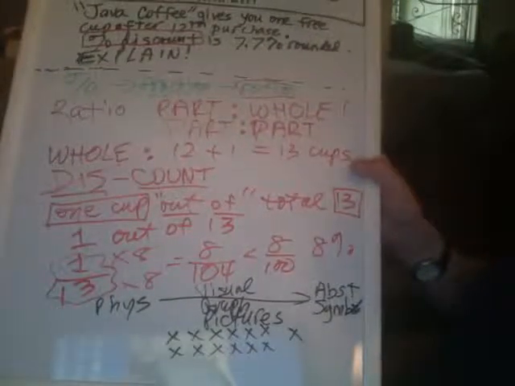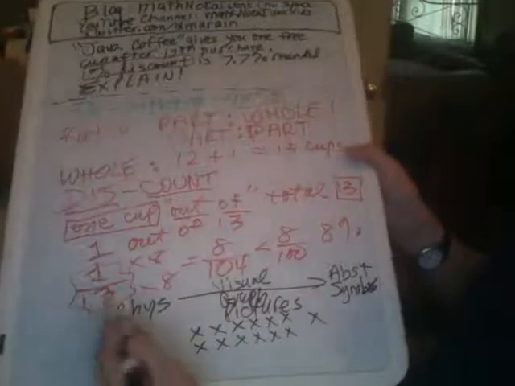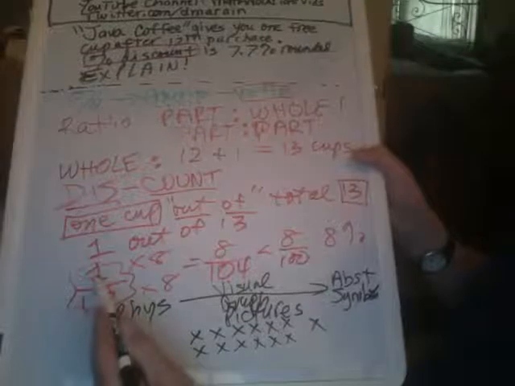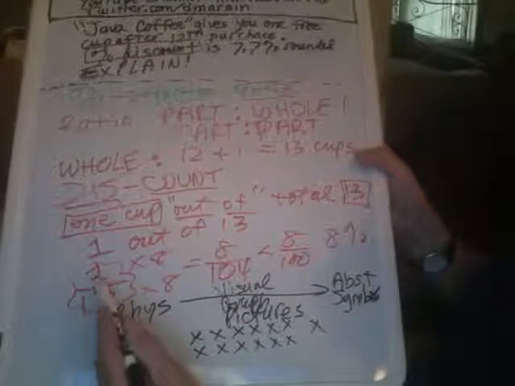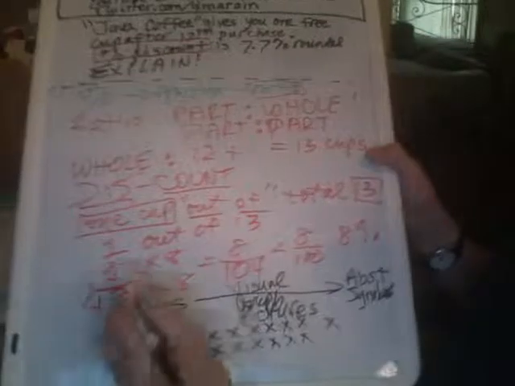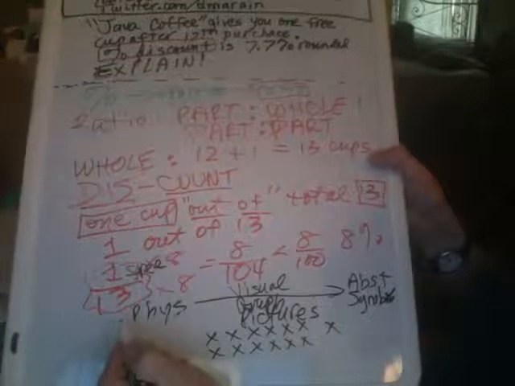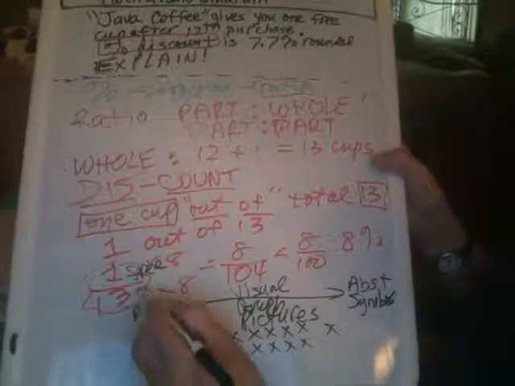Not really. My goal was to have them reach 1 out of 13. This is the one that's not counted, discounted. The one that's free. So you get one free that you don't pay for. So that is out of 13 total.